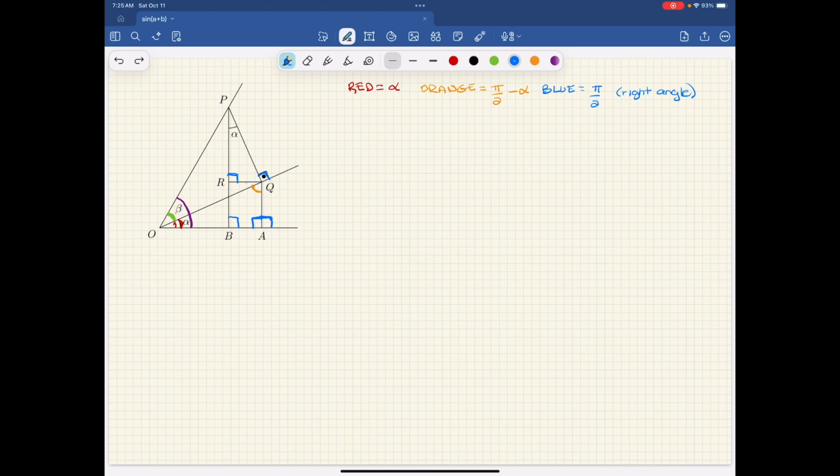The angle RQA is a right angle, and therefore the angle RQO has to have a measure of alpha, since OQA had a measure of pi over 2 minus alpha.